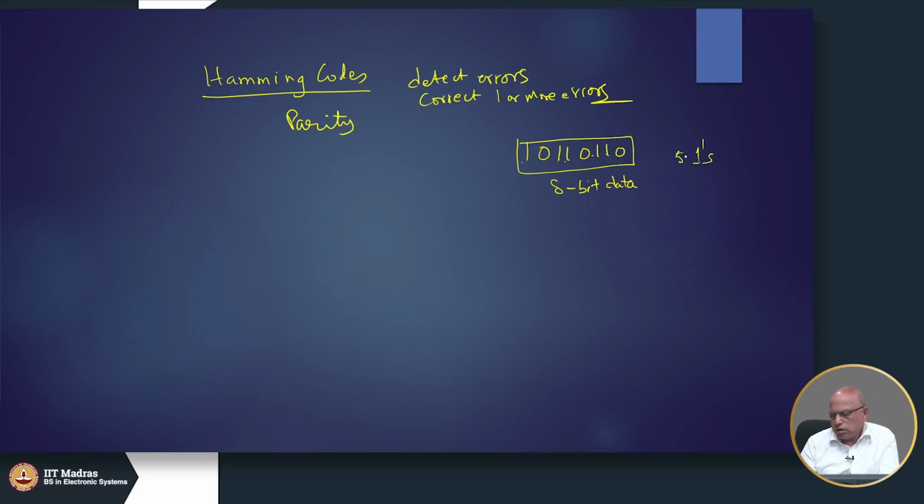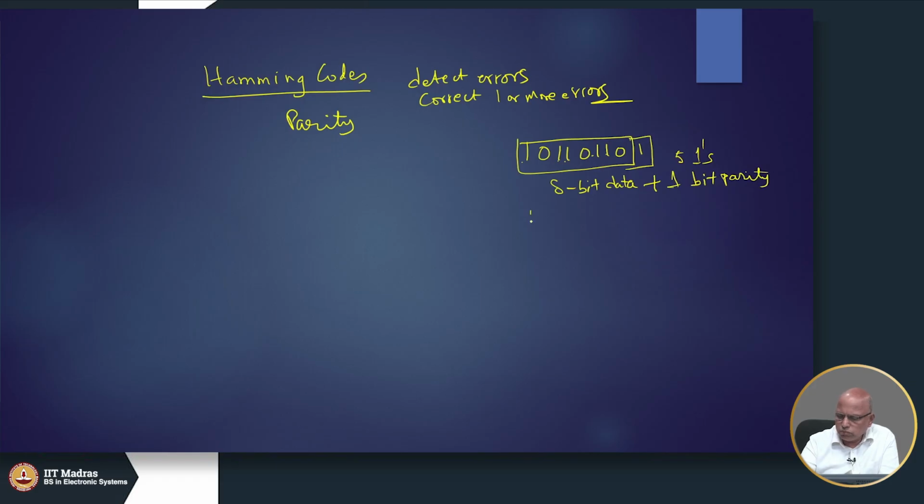So, if you are using even parity, then the number of ones should be, I am sorry, even. So, we have to add an extra 1 to make the parity even. So, 8-bit data can be supplemented with 1-bit parity.